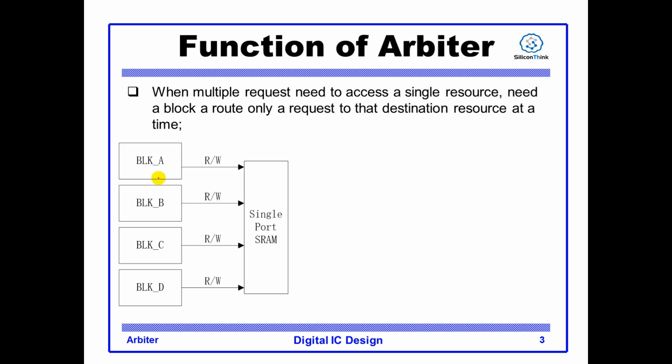For example, if we have 4 modules, A, B, C, D, they all want to read and write the same resource, a single port SRAM. As you know, there is just one port on the SRAM macro, so it can't be connected to 4 ports here.